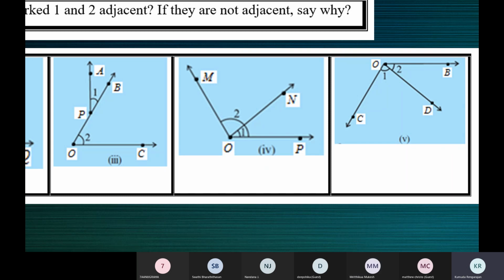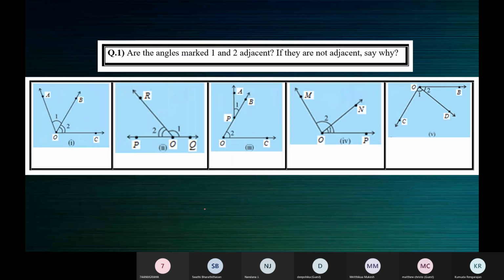Which are the arms of angle 1? OC and OD, ma'am. Which are the arms of angle 2? OB and OD. So now which is the common arm? OD. For angle 1, the arms are OC and OD.